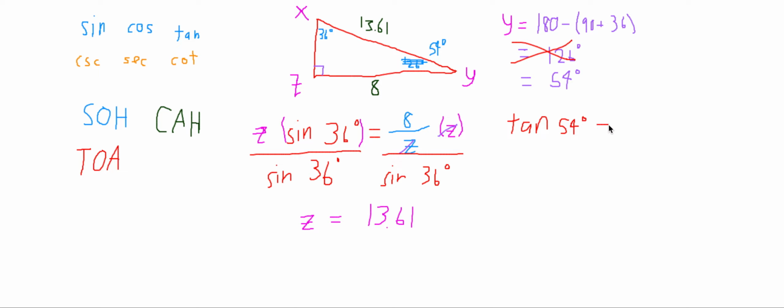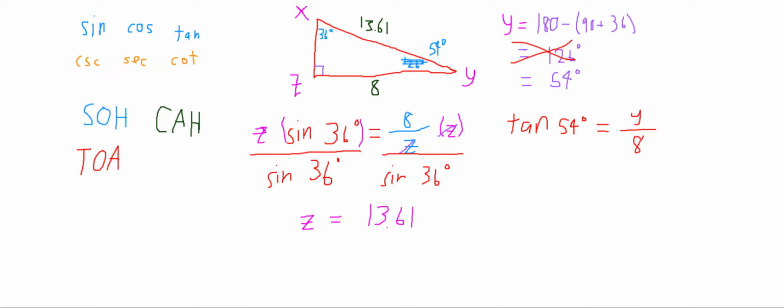and that's going to be equivalent to the opposite over the adjacent. So opposite of 54, you have y as a variable, and then as the adjacent, you got 8.